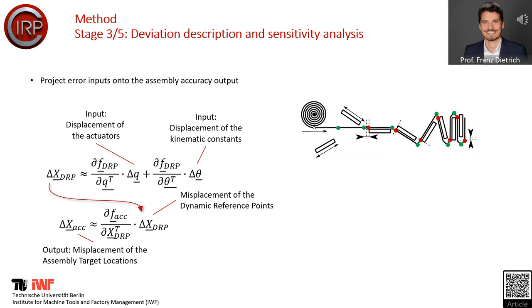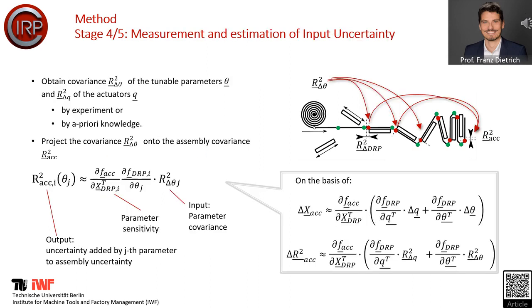The final output of this is the misplacement of the assembly target location with respect to a deviation at one of the inputs. Stage 4 seeks data about the input uncertainty.